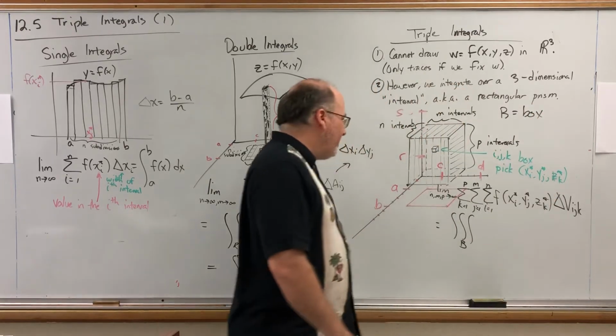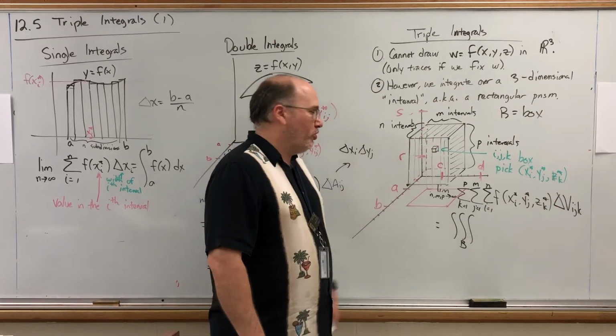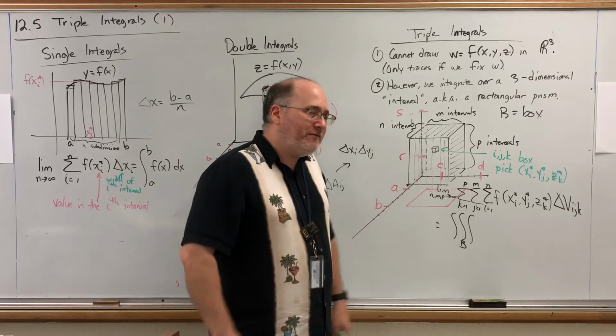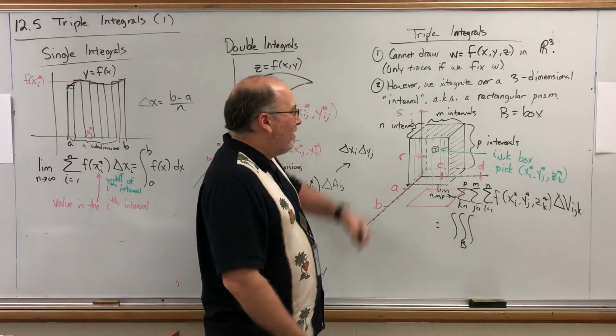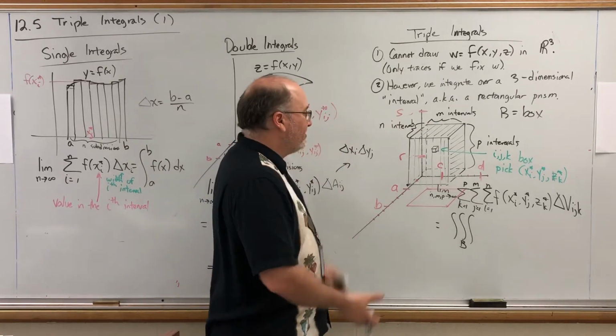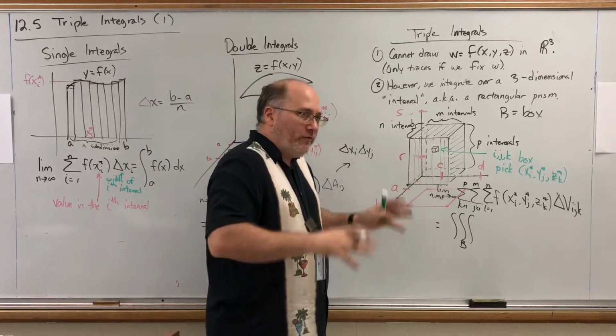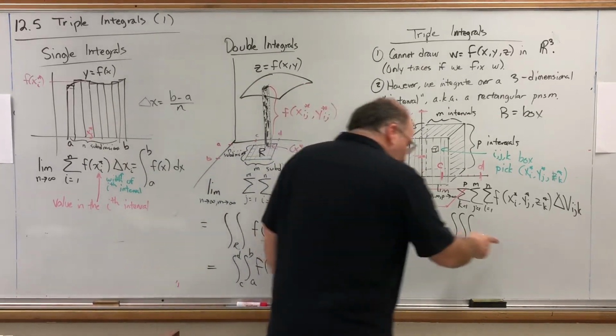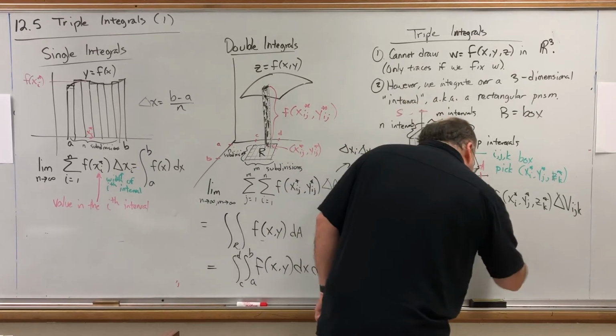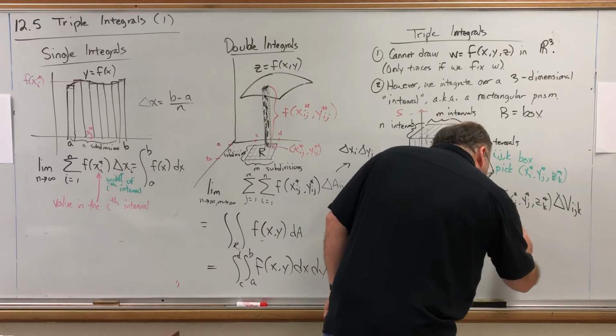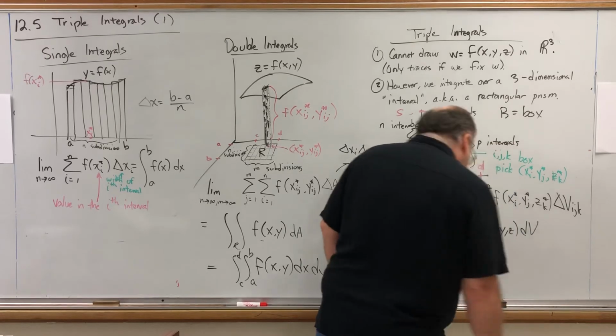Although, as you'll see later, the solid over which we're integrating does not always have to be defined so conveniently. It can be defined on two opposite sides, top, bottom, left, right, front, or back, by surfaces. But it is the triple integral over this box of the function f of x, y, z, dV.